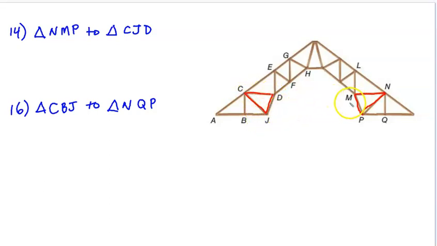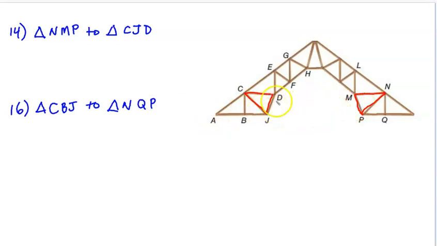Well, hopefully you can tell that it wasn't just strictly moved. That would be a translation, but you can see it's been turned. Number 14 might be a little tricky for some. Some people might be tempted to say that this is a reflection. It's definitely not a translation.